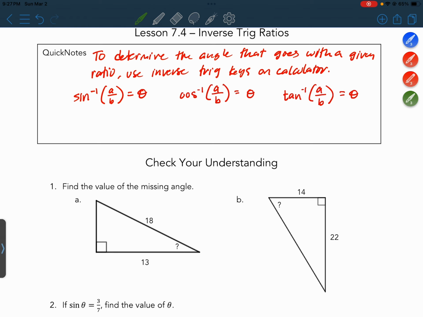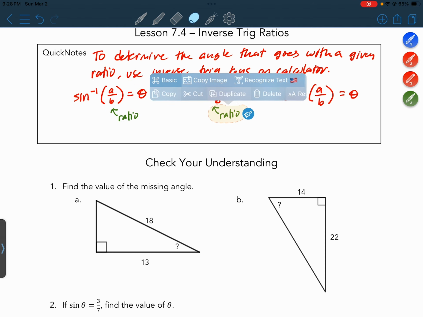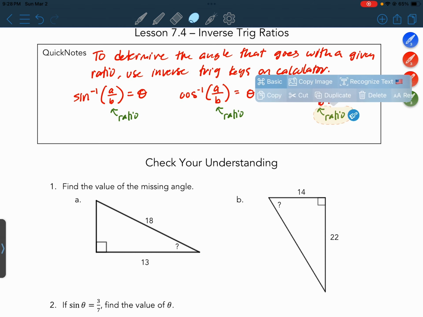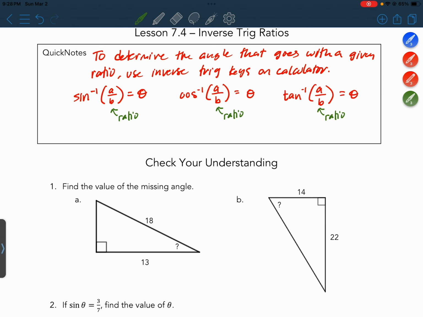So every time I write this fraction a to b, I'm saying that's the ratio. And then every time I draw the theta symbol, I'm saying that's the angle. I guess we don't have to write it every single time. Just one time is fine.